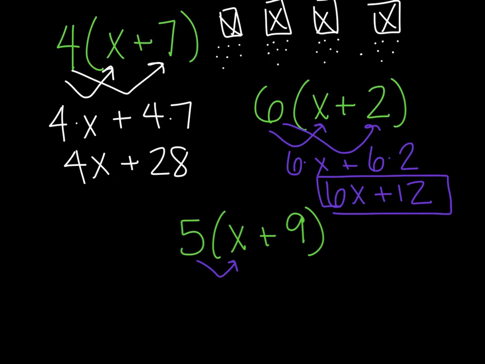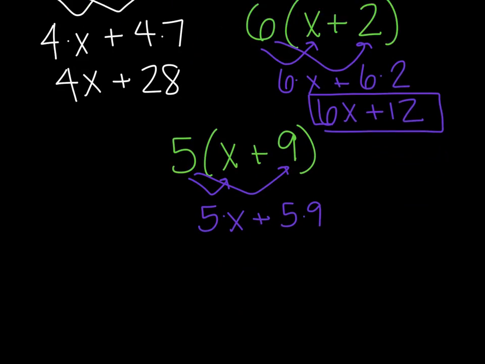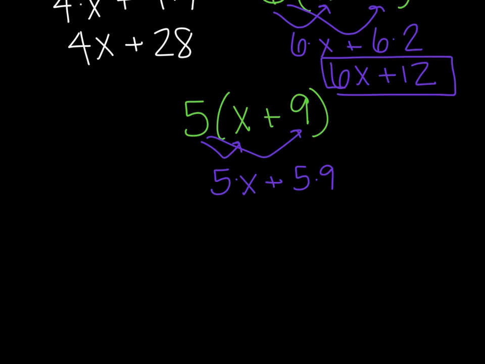So 5 times x plus 5 times 9. Okay? I highly recommend, as we start working with the distributive property, that you draw those arrows to remind yourself of what you're actually multiplying. So I have 5x plus 45.